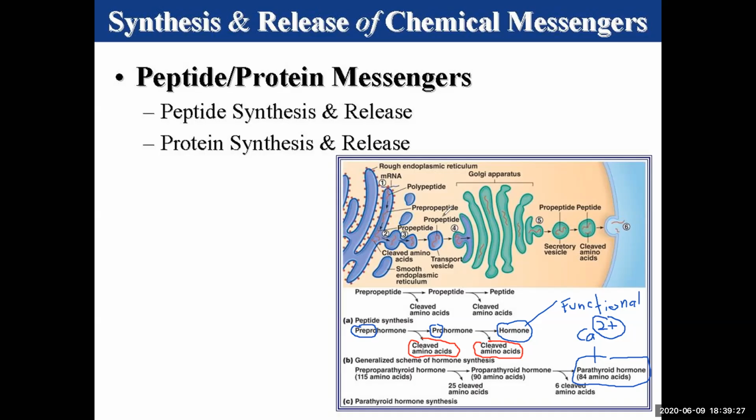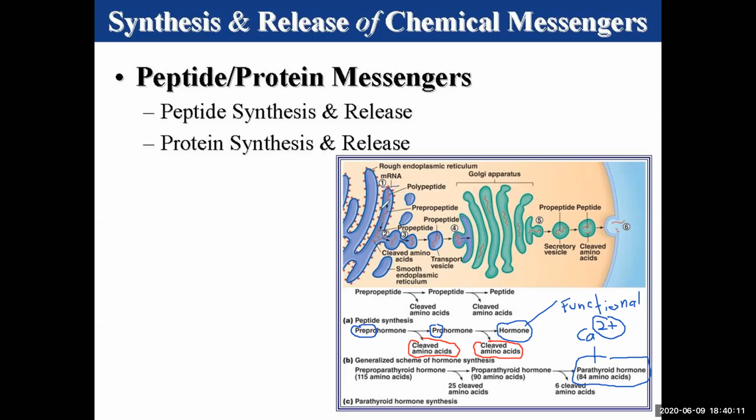That peptide will have a signal peptide, and that signal peptide will tell the Golgi apparatus, hey, I am meant for export. So the Golgi will ship it into the vesicle, and that vesicle will fuse to the cell membrane, and using active transport called exocytosis, the parathyroid hormone would be released into the bloodstream. So this is how the parathyroid gland synthesizes and then releases parathyroid hormone.